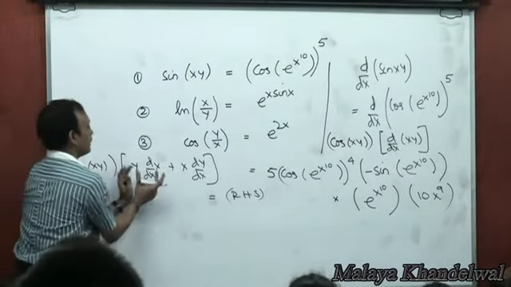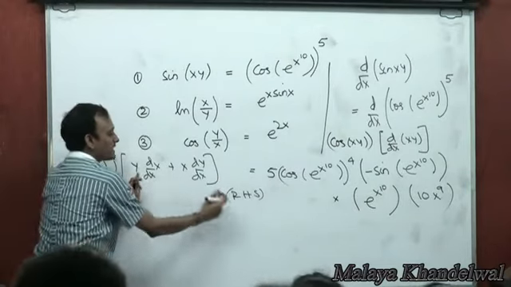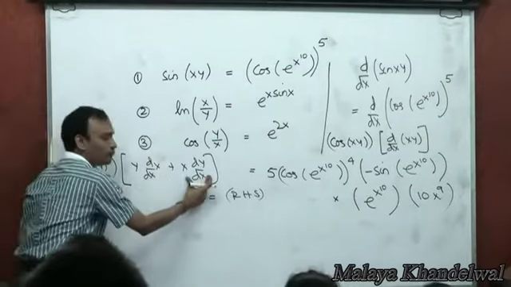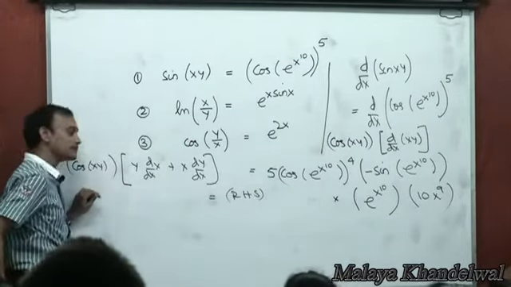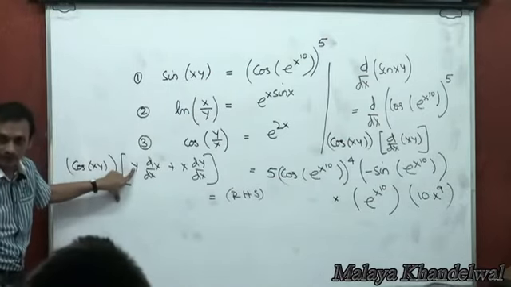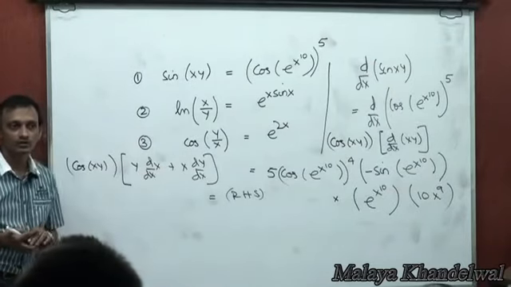And then this would be y plus x d/dx. So y plus x dy/dx would be right hand side divided by cos xy, and you can solve for dy/dx minus y. Fair enough?